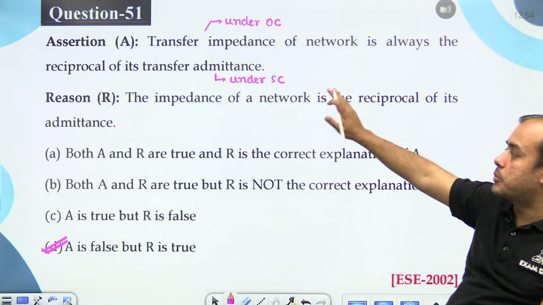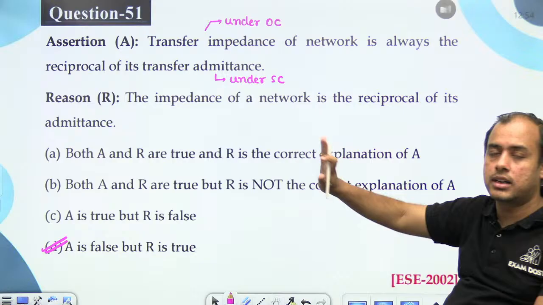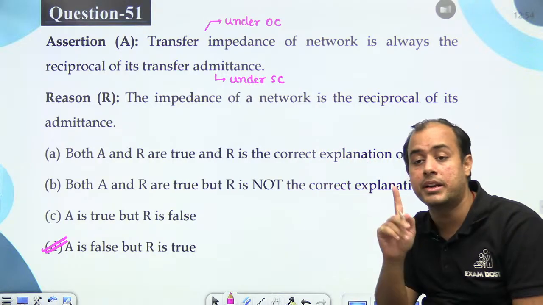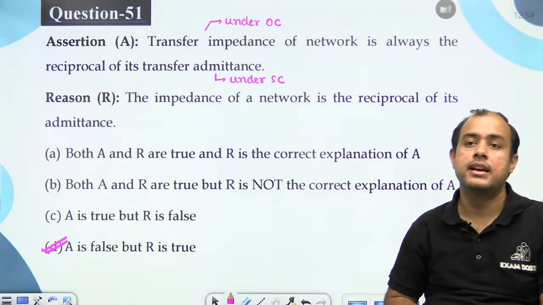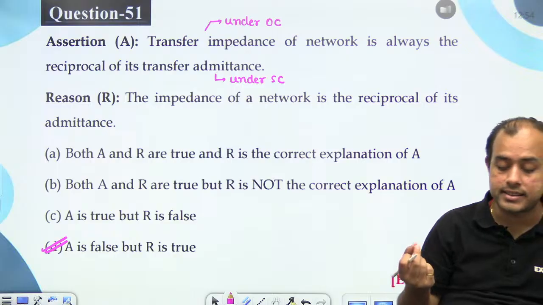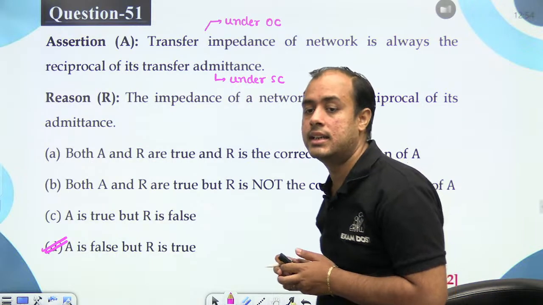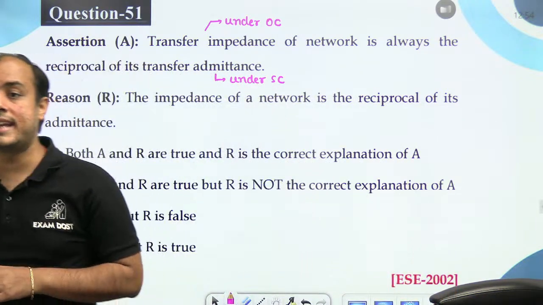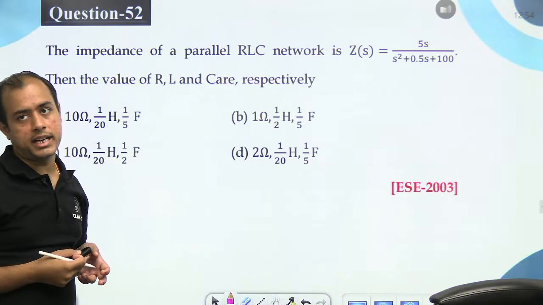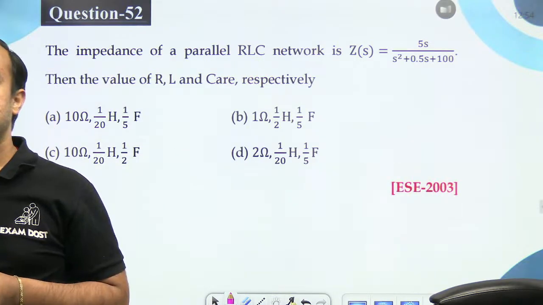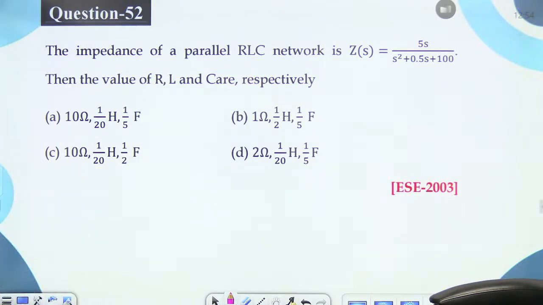So they are not reciprocal, but yes, for a network, Z and Y are reciprocal, but not the transfer impedance. अगर नेटवर्क का इक्वल एडमिटेंस या इक्वल इंपिडेंस की बात करूंगा ना, तो वो तो एक दूसरे के रेसिप्रोकल आएंगे, बट ट्रांसफर इंपिडेंस और एडमिटेंस नहीं.